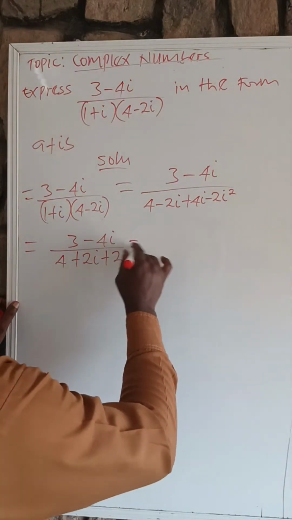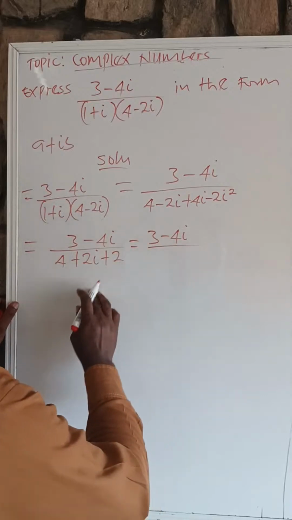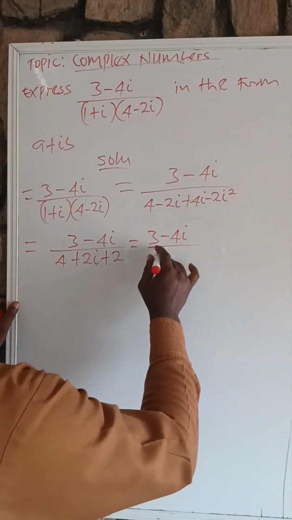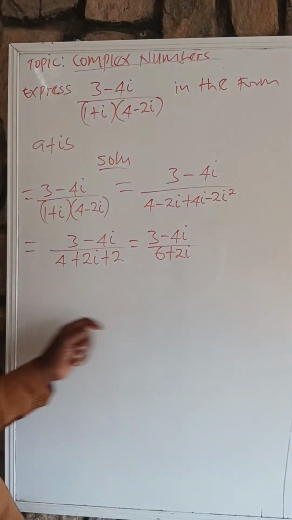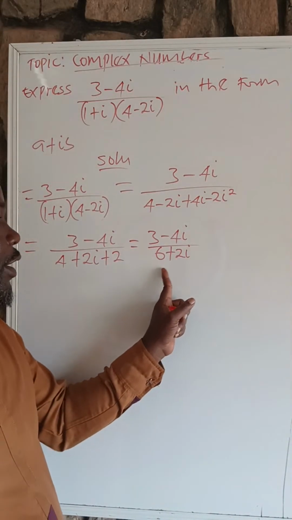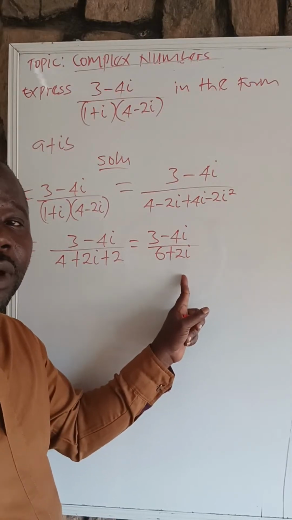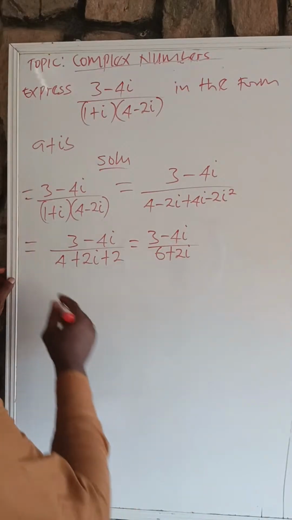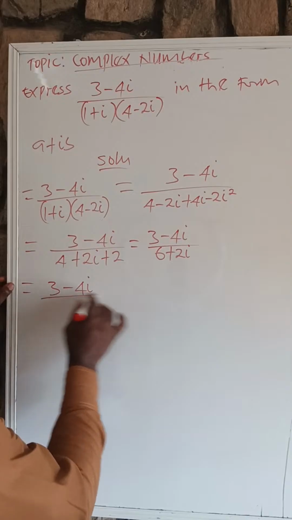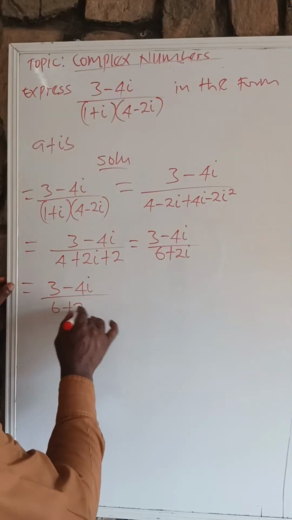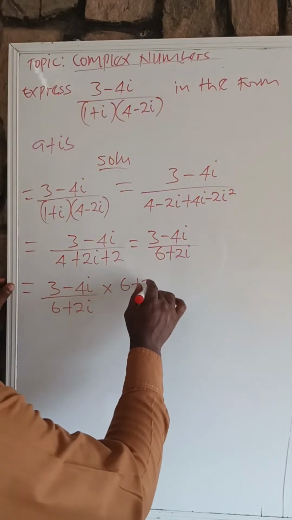So this is equals to 3 minus 4i all over this plus this, 6 plus 2i. So what we need to do at this point, since we still have complex number down here, the denominator, we have to what? Conjugate. Is that clear?